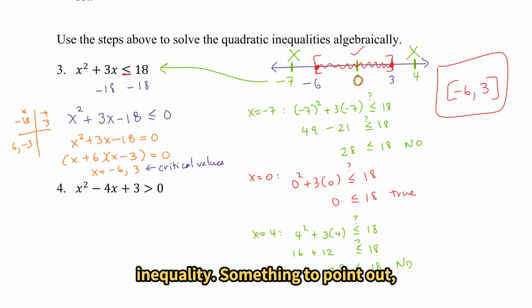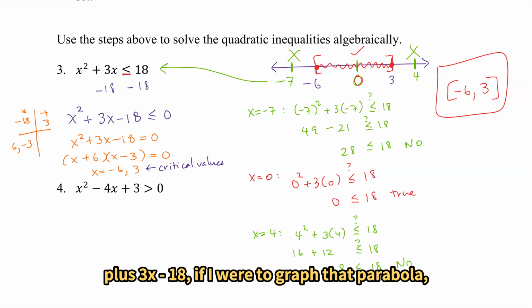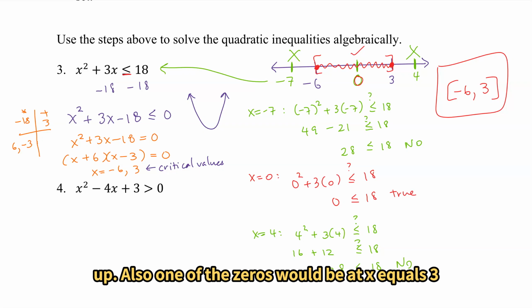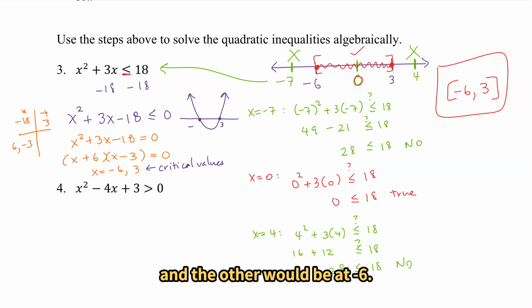Something to point out, if we are relating this to the graph, notice that x squared plus 3x minus 18, if I were to graph that parabola, I would have a parabola that opens up. Also, one of the zeros would be at x equals 3, and the other would be at -6.